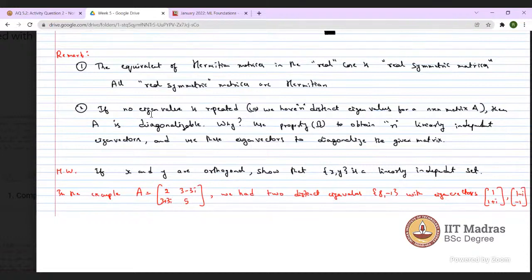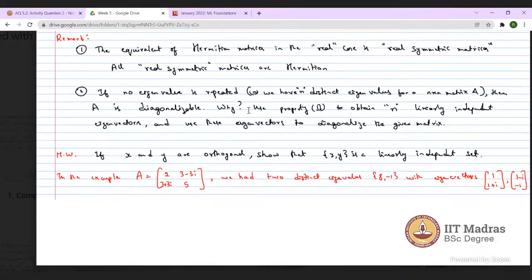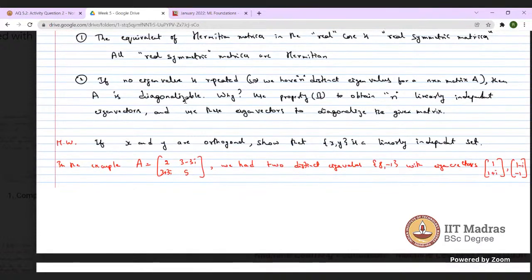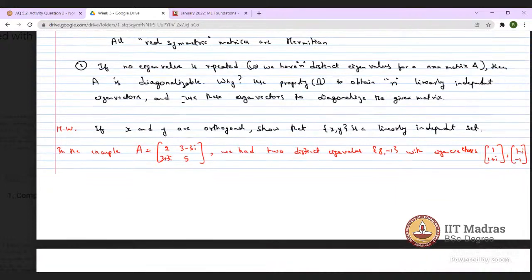This part is important. If no eigenvalues are repeated, then A is diagonalizable. We can write it in terms of the eigenvectors and the eigenvalues themselves.